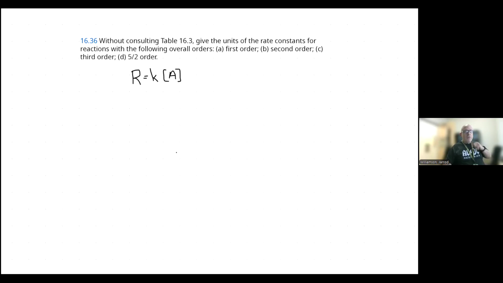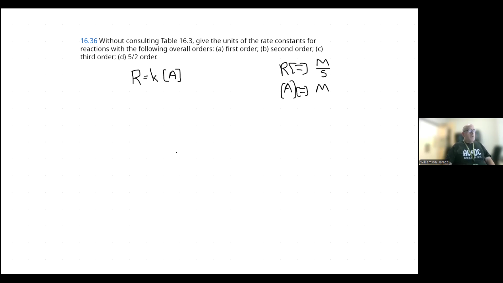And you have to remember that R always has units of molarity per second. And this always has units of, so they put equals in little brackets. That means has units of molarity.